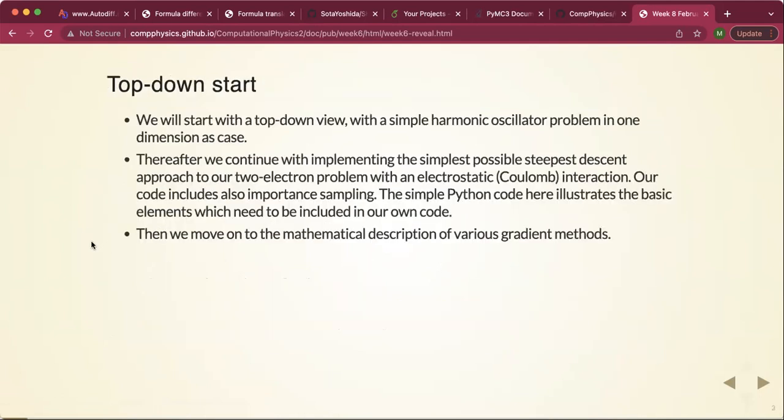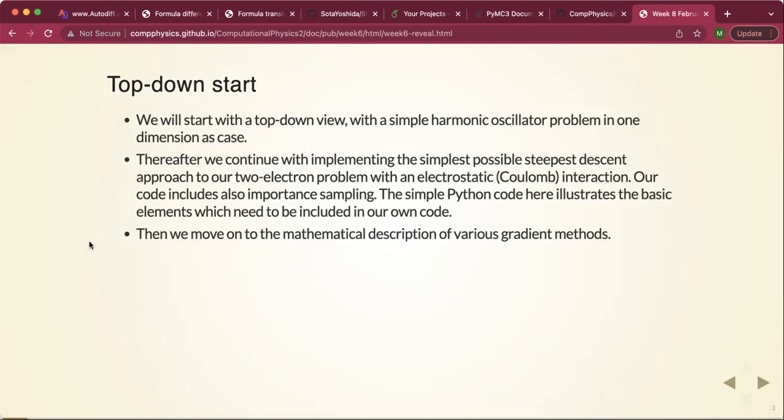Now, in our case, what we are going to do is actually to take a top-down view first, as we always have done, and we are going to look at what we need to program. And besides the simple case, we are going to implement this method, which is called the steepest descent.